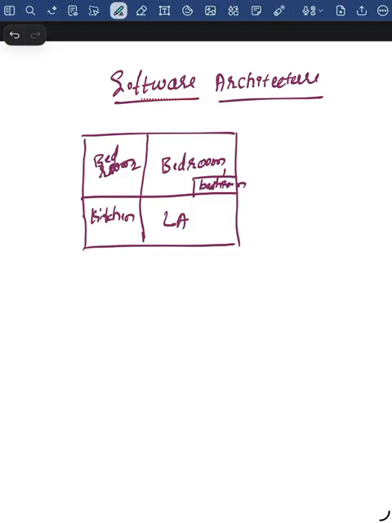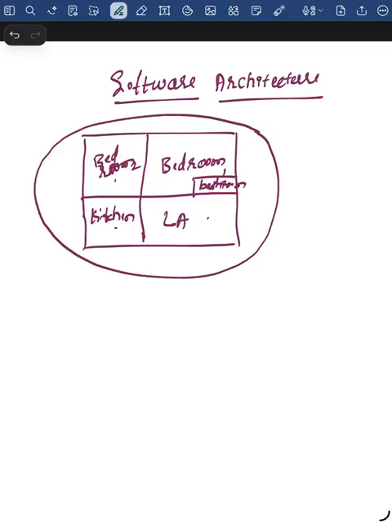So, what are these living area, kitchen, bedroom, bathroom? These are all the logical components of a house. In the planning stage, these are all the logical components. When we actually build the system, these become physical components.